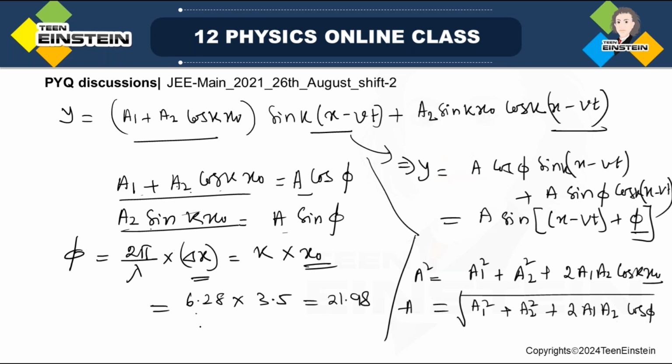Let me write some n into pi is equal to this 21.98. Then if you just divide by pi, you will see this n will turn out to be 7. So this value is actually equal to 7 pi. Okay, so kx0 will be actually equal to 7 pi. That means phi is equal to 7 pi.